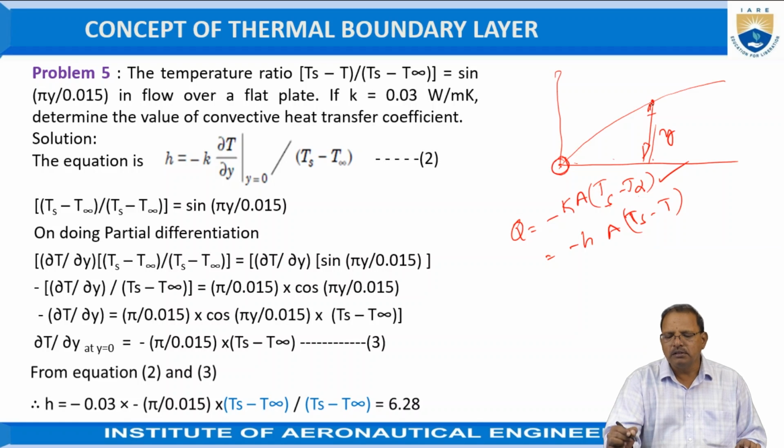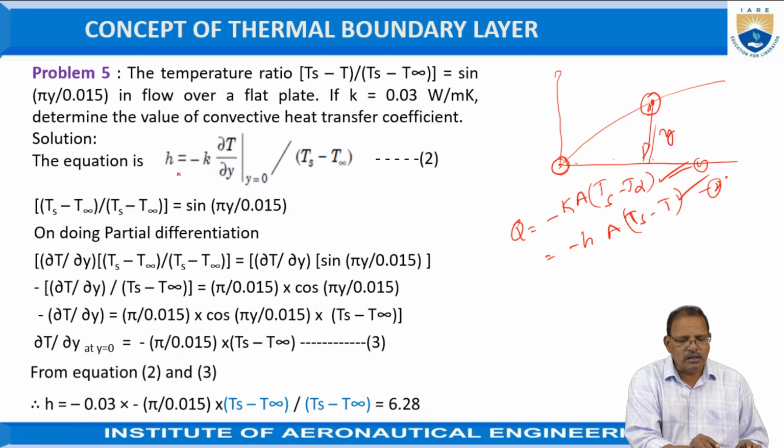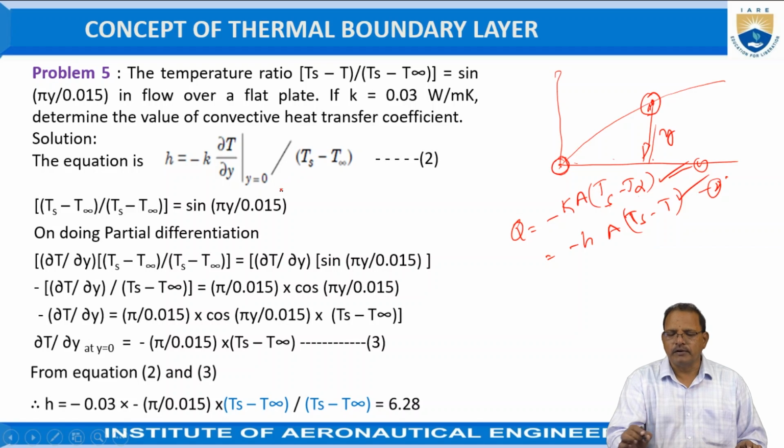T is nothing but the temperature at a given position, that is at y. Equating equations 1 and 2, we get H is equal to minus dT by dy at y is equal to 0, divided by (Ts minus T alpha).